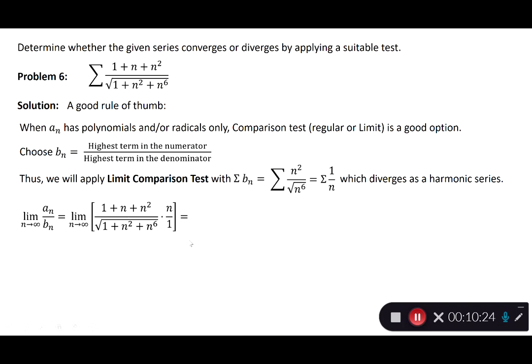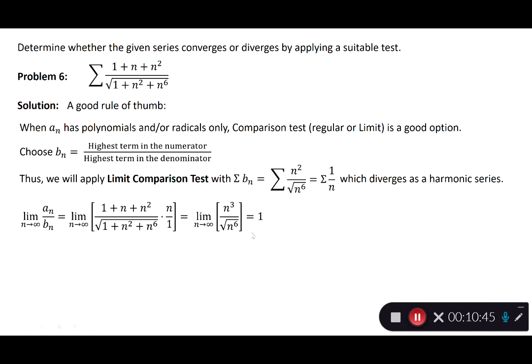Well, now on the top, we multiply, you get n cube plus blah, blah, blah. The highest term on the top is n cube. The highest term in the bottom, ignoring the lower order terms, is also n cube. And so we have this to be equal to 1, right?